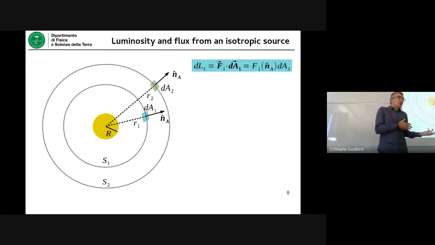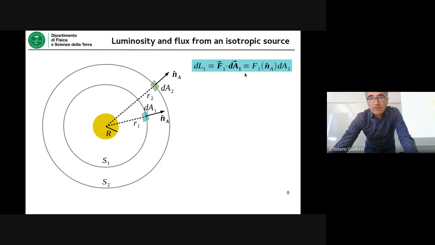Again, because of isotropy, F1 cannot have a preferred direction, so it can only be radial. So both are parallel. F1 and dA1 must be parallel because of isotropy. dA because I took it as a small tile of the spherical surface, and F1 because of isotropy. So I call F1 here the flux measured at a distance R1, which is coming out radially, or perpendicularly to the spherical surface.